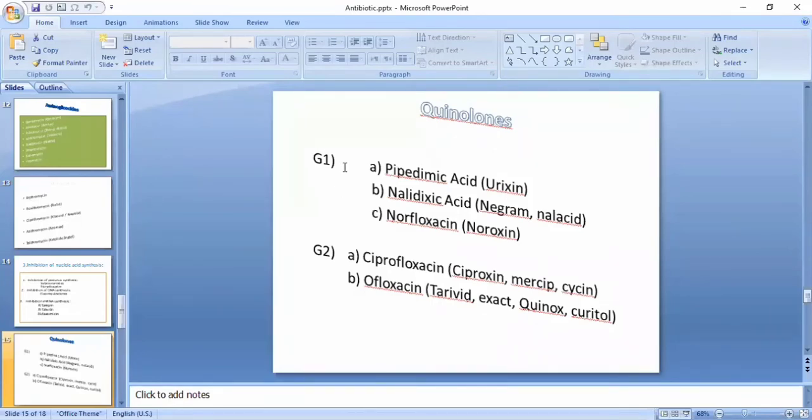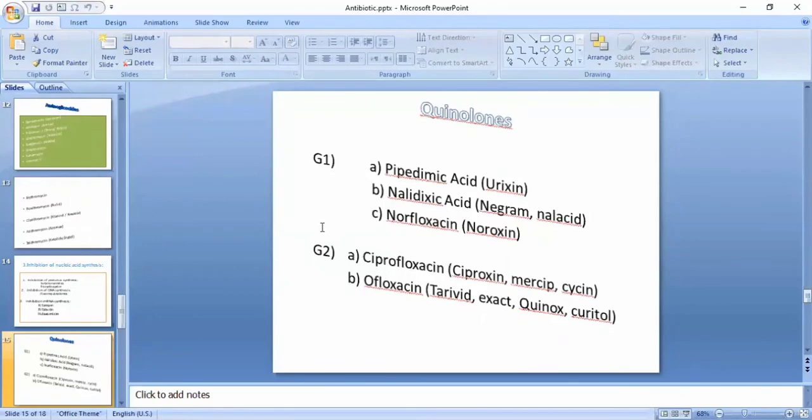So the first generation drugs were pipemidic acid, uroxin, still given in urinary tract infection, and these are the first generation drugs. Nalidixic acid with the name of Nalacid or Negram, and norfloxacin, Noroxin. So these are the first generation quinolone drugs.